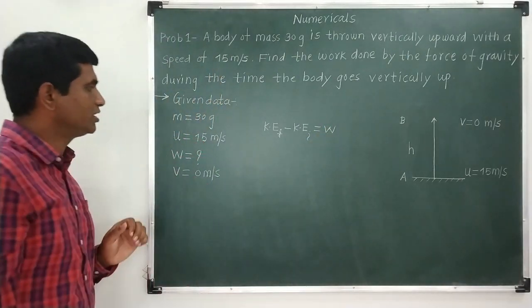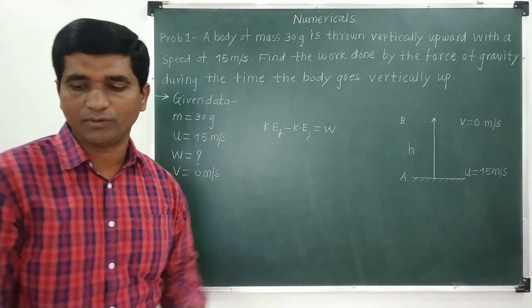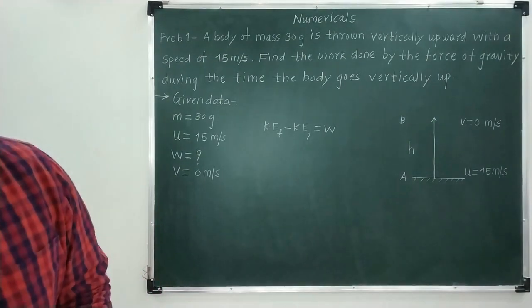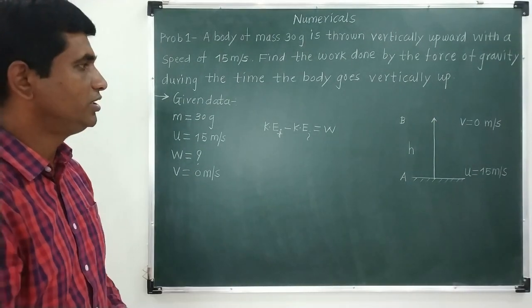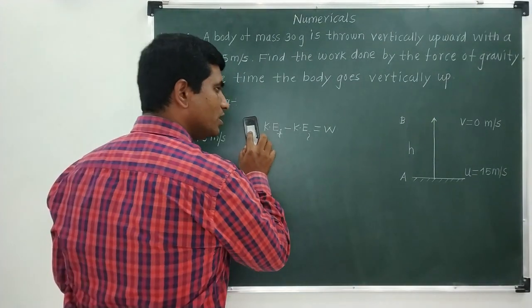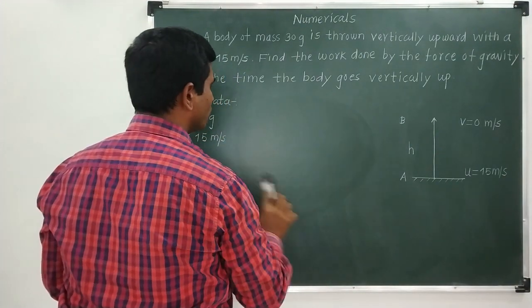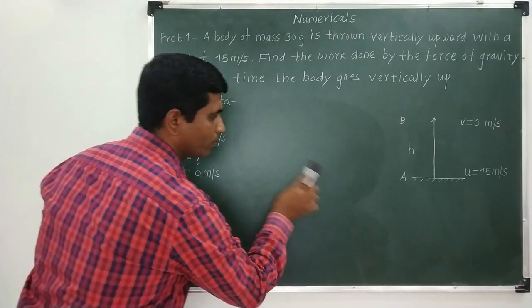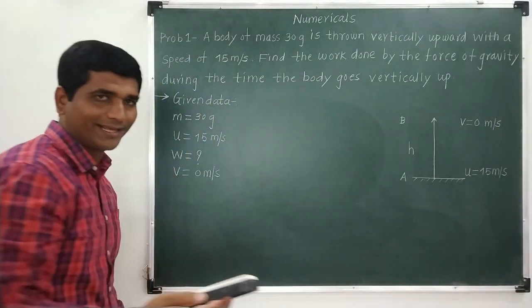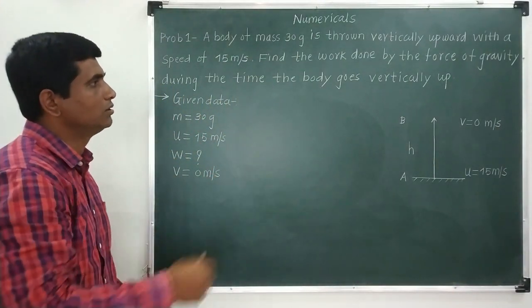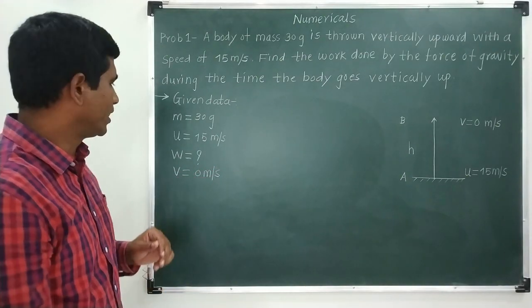So whatever the change in kinetic energy, it will be converted into the work done. This we have already studied in the theory part. We will just do the same application of the work energy theorem here. You can solve this problem by the law of conservation of energy as well. There are two methods, but we will start with the work energy theorem.